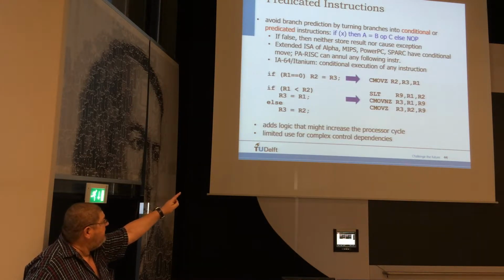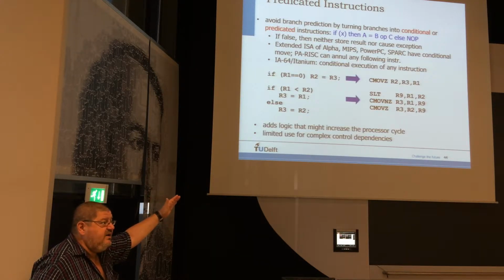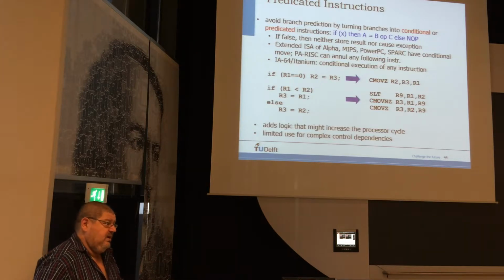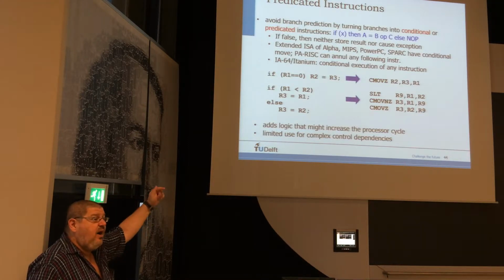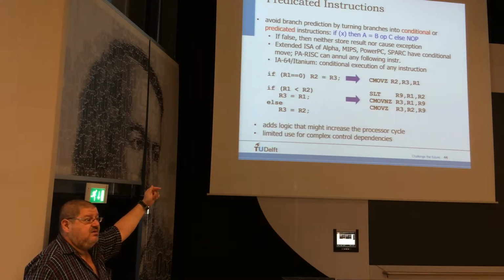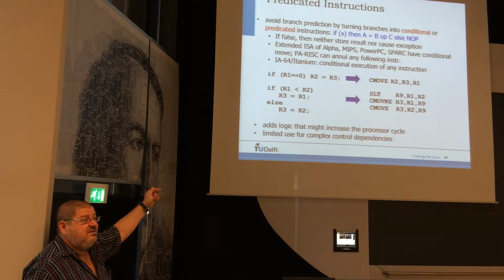Then R9 will get a value depending on the comparison between R1 and R2. And now I'm using R9 as the reference in order to execute or not the 2 assignments. Only one of them will execute at a time. What will happen if R1 is equal to R2?